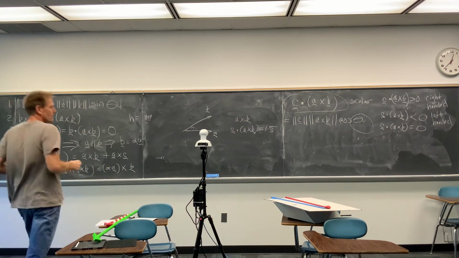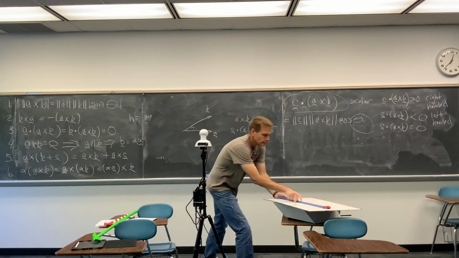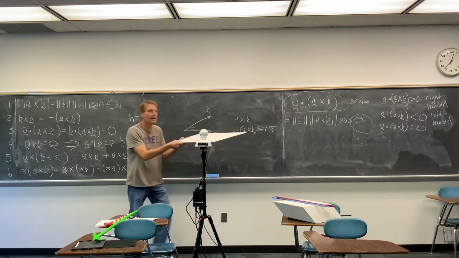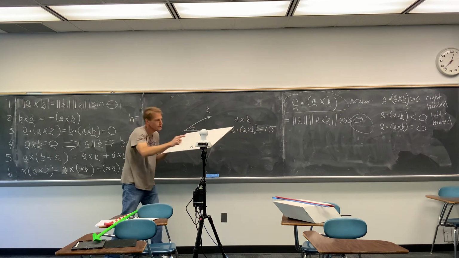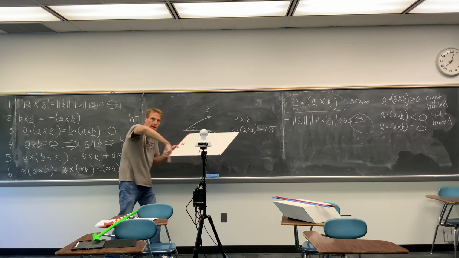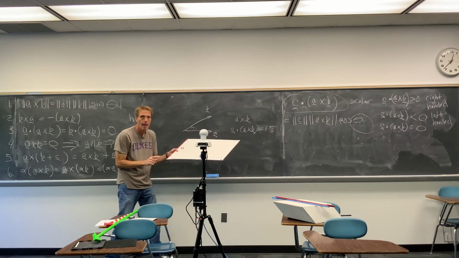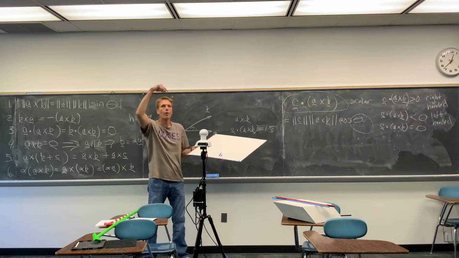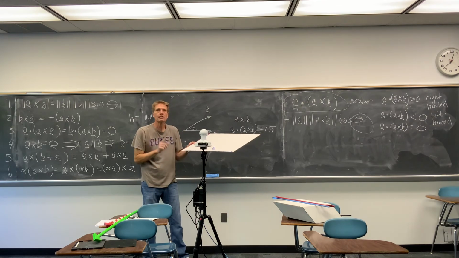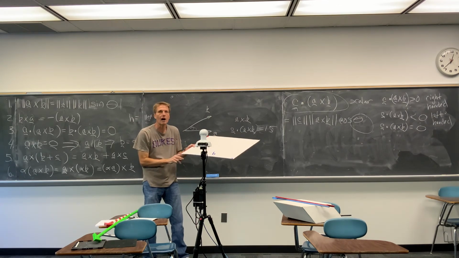Now I've hit it, and it's spinning this direction in this plane. This is A, this is B. Are you going to be spinning off in three-dimensional space up or down?